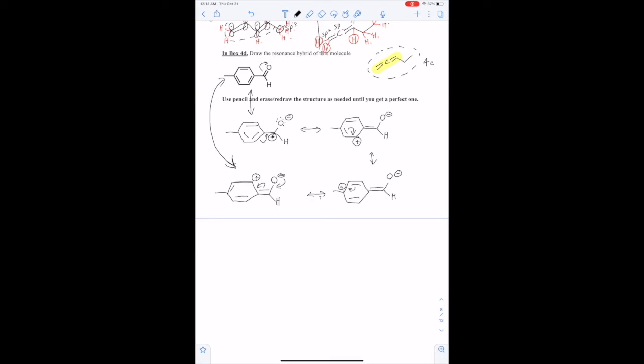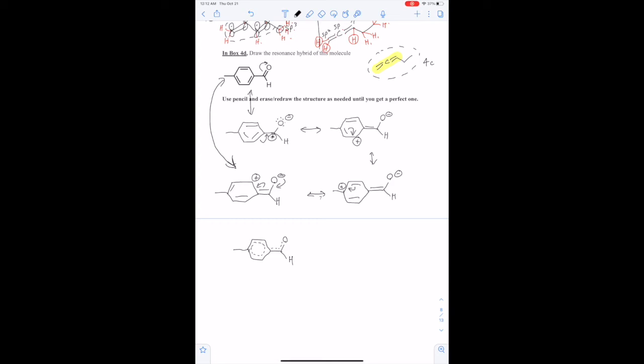Okay, so to draw the resonance hybrid, we want to draw the single bond backbone of the molecule, and then, as we know that benzene always has a full conjugated system because that's the nature of an aromatic ring, and the pi bond extends over here onto the oxygen.